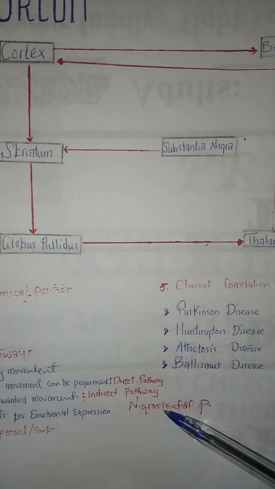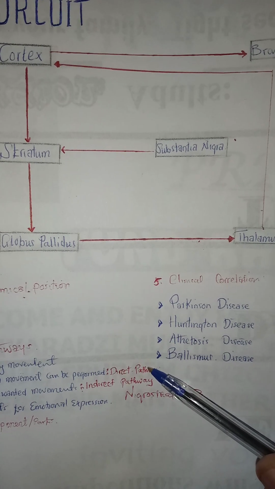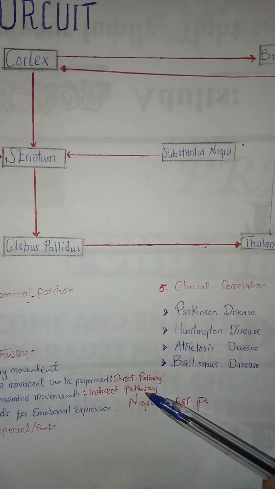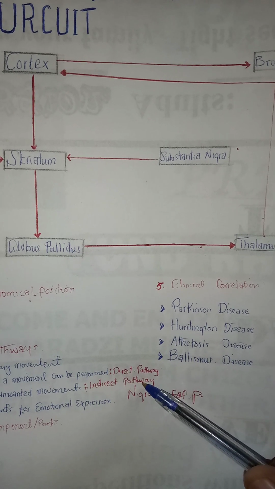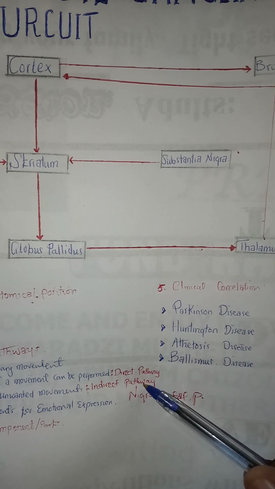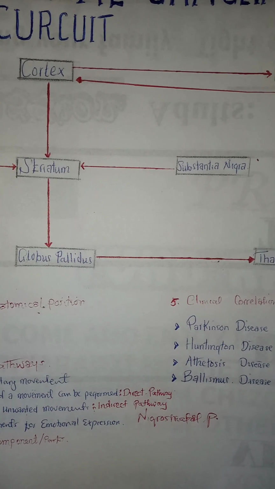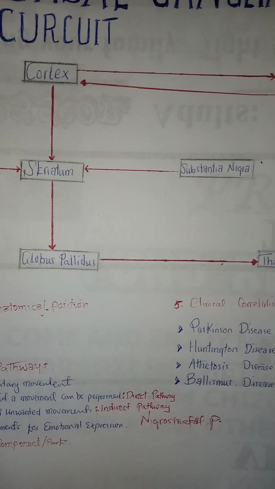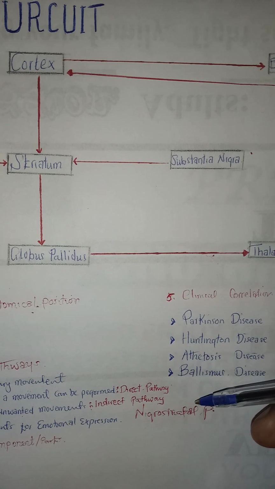It can be either in favor of the direct pathway, which means there will be increase in muscle tone, or in favor of the indirect pathway, where there will be increase in unwanted movement, so that means there will be decrease in muscle tone.